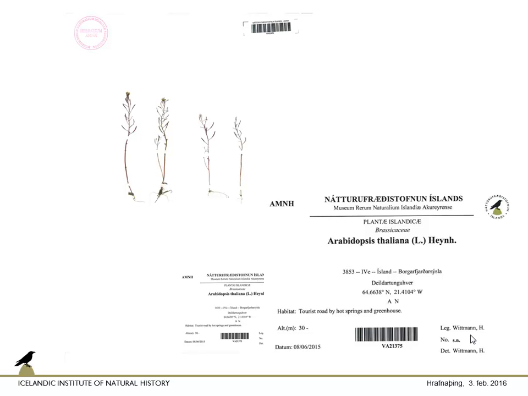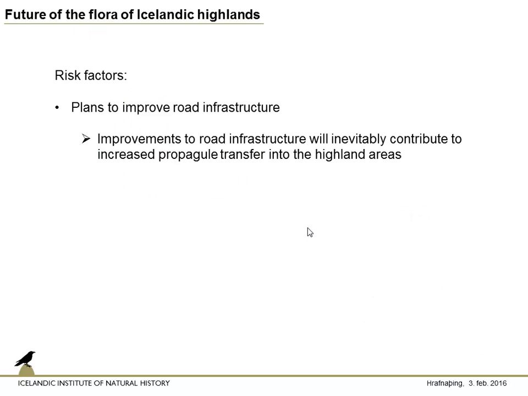He found the species, made photographs and collected some specimens, and then he wrote an email to me asking if I know that Arabidopsis thaliana is occurring in Iceland, and it's quite a big population just close to the tourist path. So probably some people visiting this high temperature area just brought this on shoes or something like that. And the species is now quite efficiently spreading in this place.